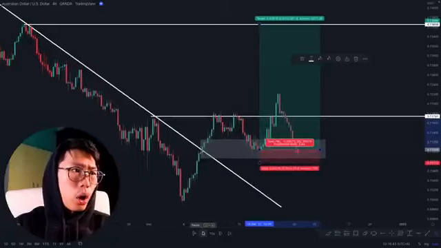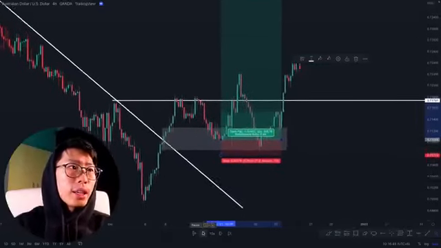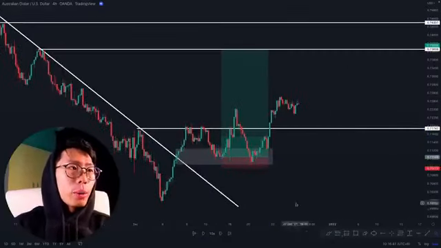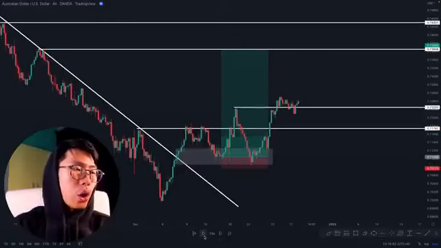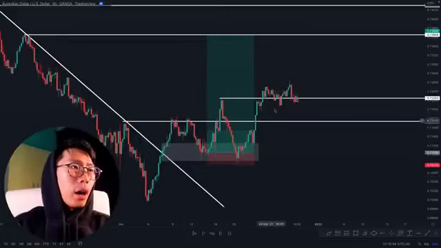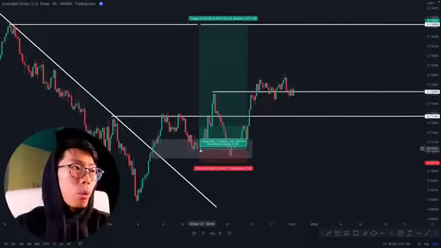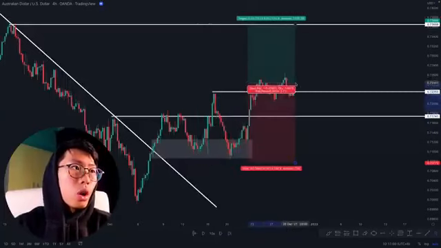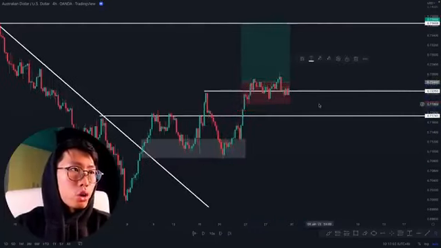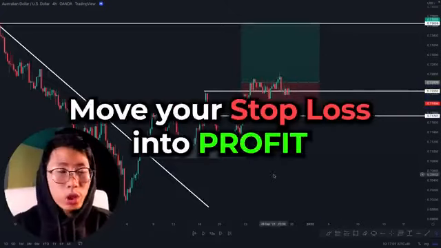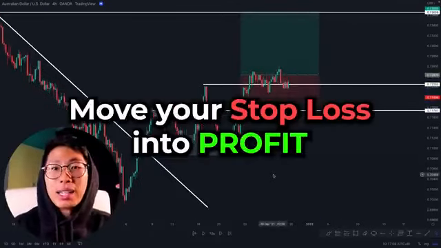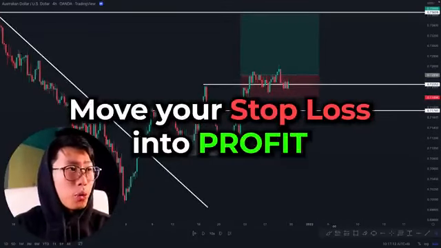You can see price go up, come back down to this area to retest it and then go up. At this point, you can draw a second resistance area right here, and you can see price just consolidating at this area. What you can do now is move your stop loss. Your new stop loss will be below this last higher low, because as price creates structure, higher highs and higher lows, you always want to make sure you move your stop loss.